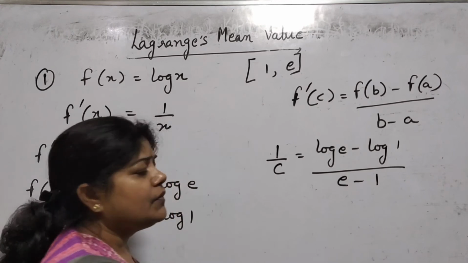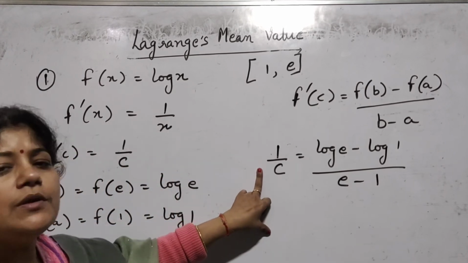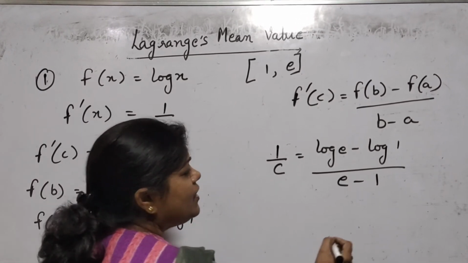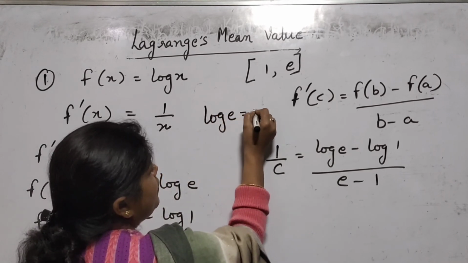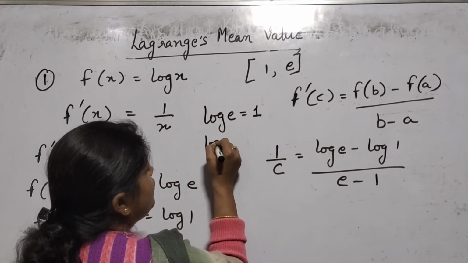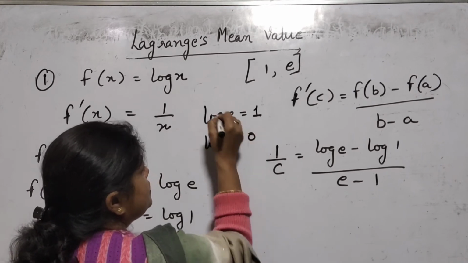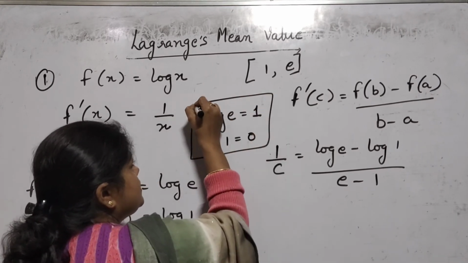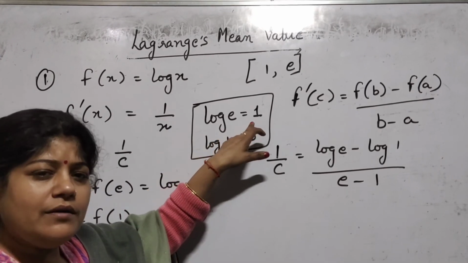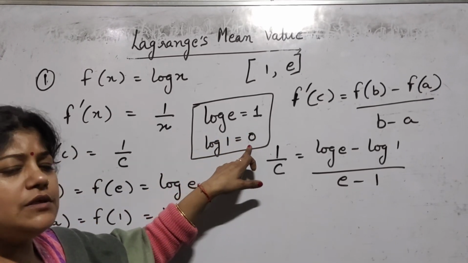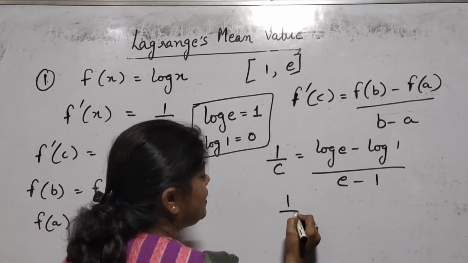Now just observe on the blackboard clearly. The value of log e is 1 and the value of log 1 is 0. Just remember these two conditions if you don't know. Now I am going to substitute both the values.